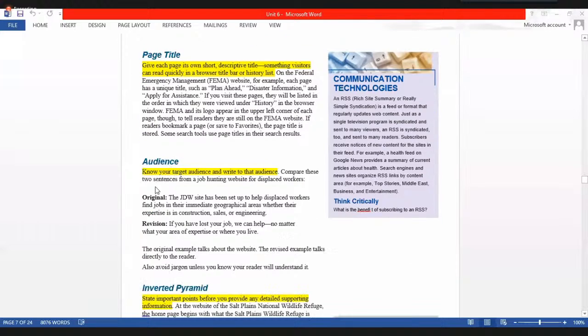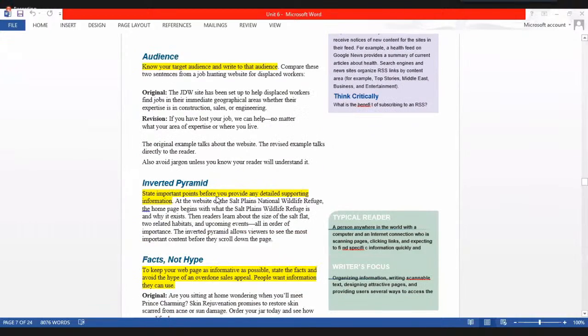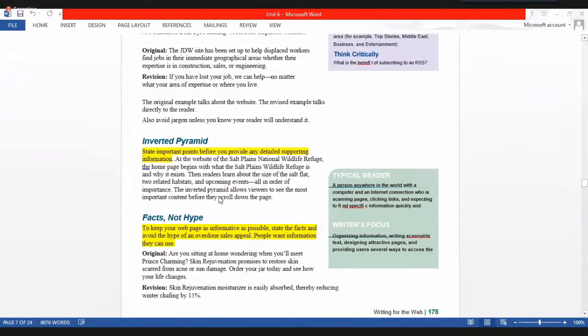Another is audience. Know your target audience and write to that audience. This comes in every writing. Whatever writing you prepare, you must know the readers. Okay. Then another, inverted pyramid. You know pyramid.